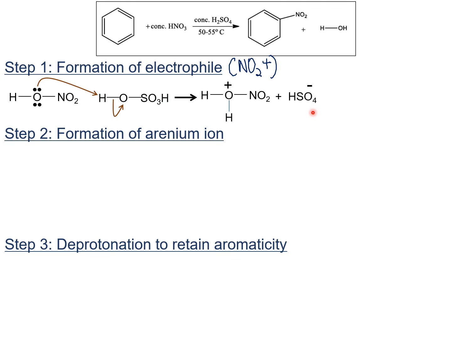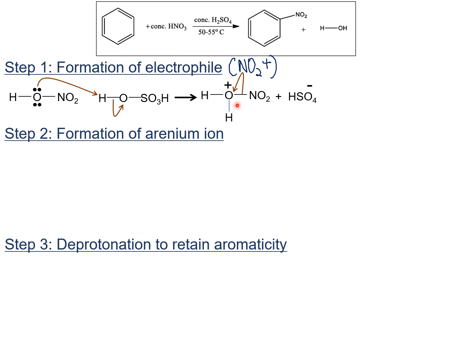Macam ni. Faham? Okay. And next, what will happen here is, okay, macam mana kita nak form electrophile NO2 plus ni? Okay, so sekarang ni apa yang berlaku ialah this NO2, dia akan break the bond dengan the rest of this H2O+.